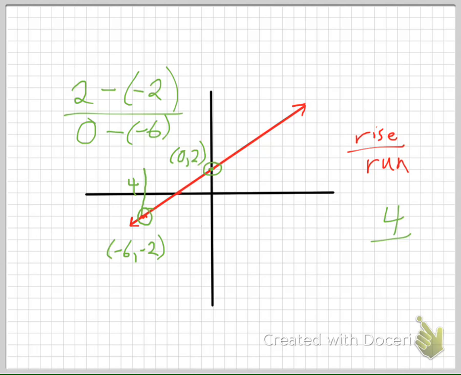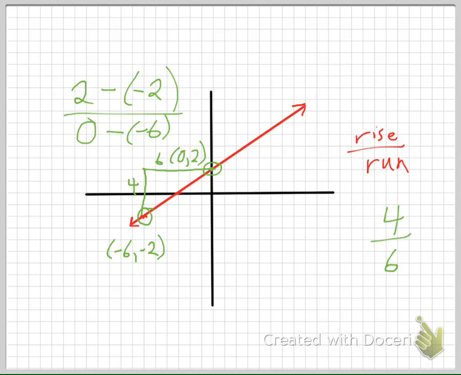Then, to get from that same point over here, I have to go to the right 1, 2, 3, 4, 5, 6 units, right? Yes? Okay. So, my run would be 6.